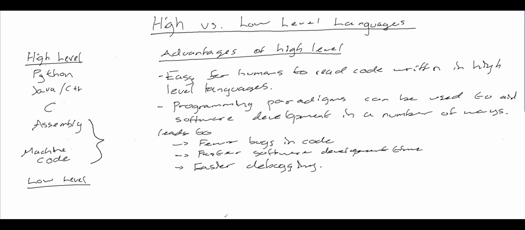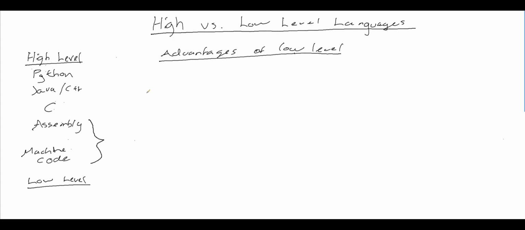Now I'm going to move on to looking at the advantages of using low-level languages. The main advantage of using low-level languages is that you can have much finer control over the particular system that you're programming for. So you can design programs to run much more efficiently on the target hardware, as programmers are often writing code for a specific architecture.